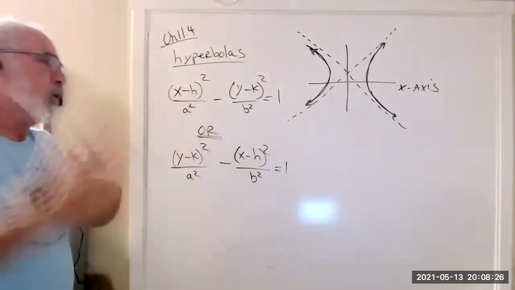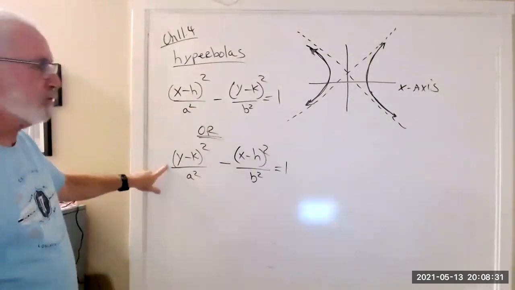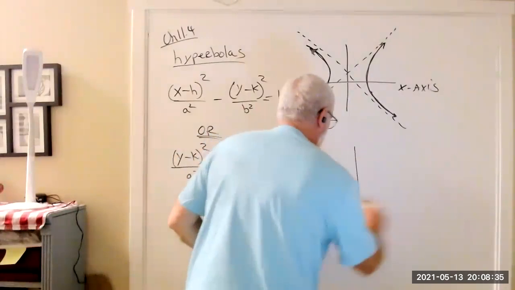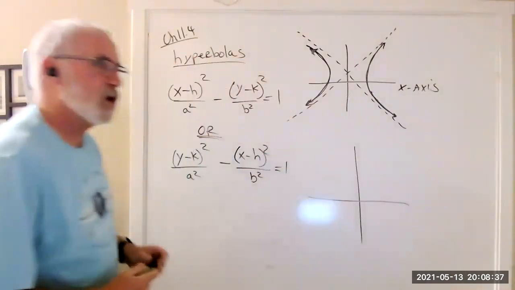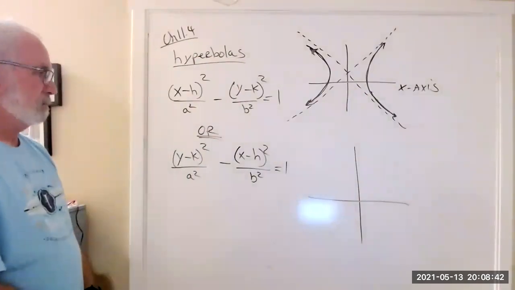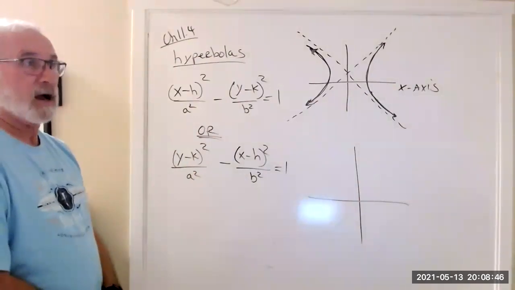Well, wait, what if we reverse this? What if y is the positive and x is the negative? Take a wild, crazy guess which way the two branches are going to go. Up and down. Yeah.